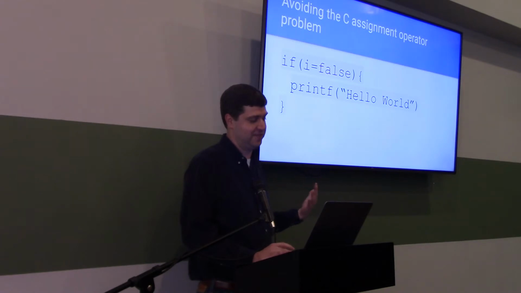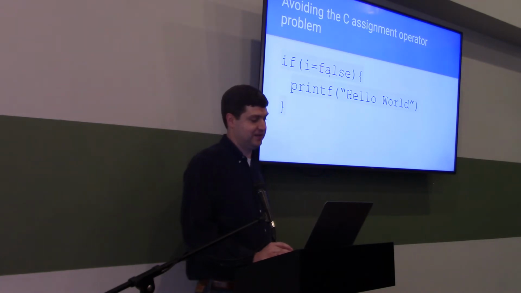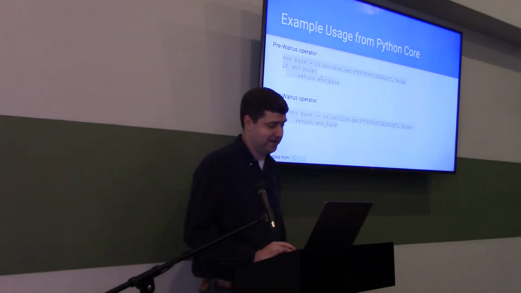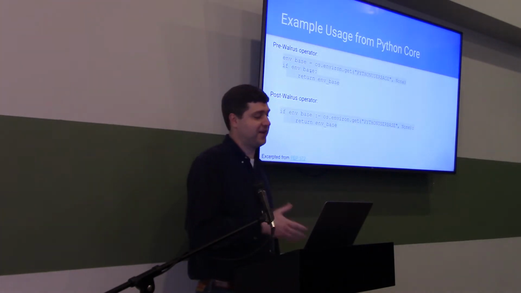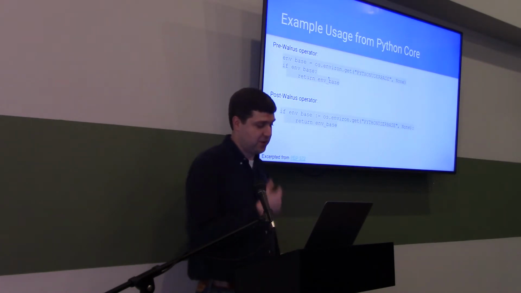In C, this printf would never execute regardless of what value i is, because false will be assigned to i, and then the if is going to look at the value of i to know what to do. Having been bit by that in the past, Python is much nicer about not letting you get into that kind of thing, even with the walrus operator being added.